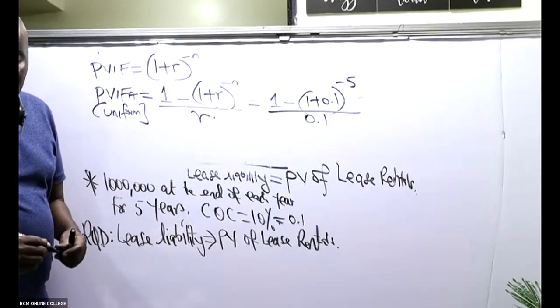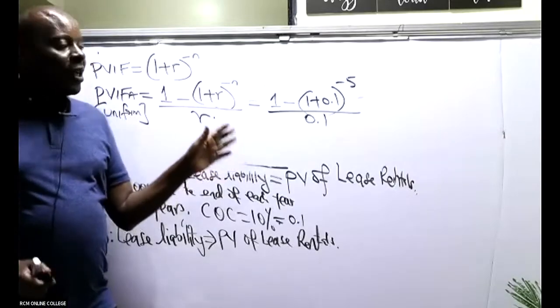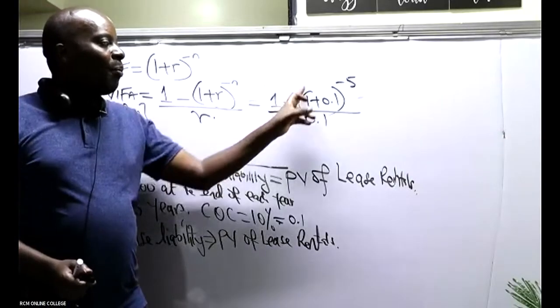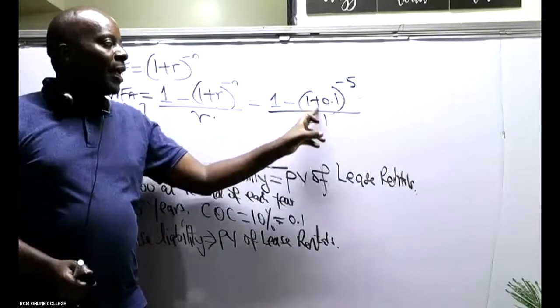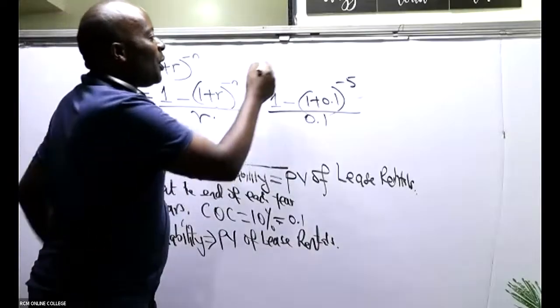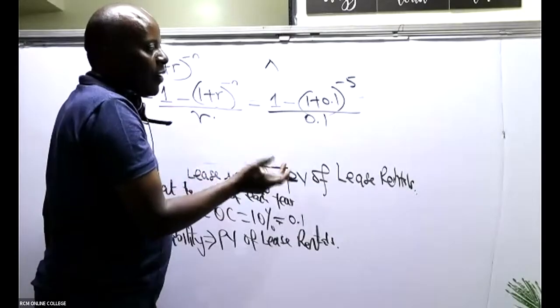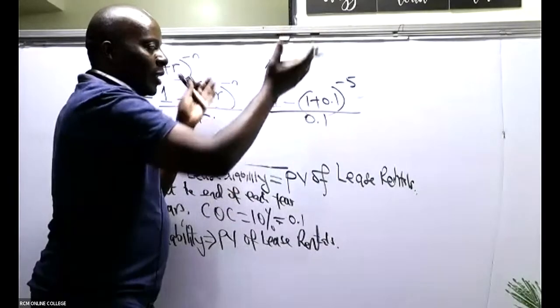Is there somebody, ladies and gentlemen, who is able to pick their calculator and do the following? Say 1 minus, open brackets, 1 plus 0.1, close. Then you say raised, you'll see x raised to y there, so you say raised to -5, and then you say equals first.